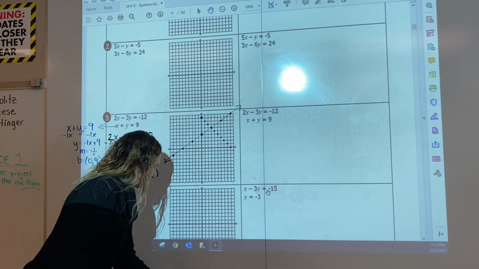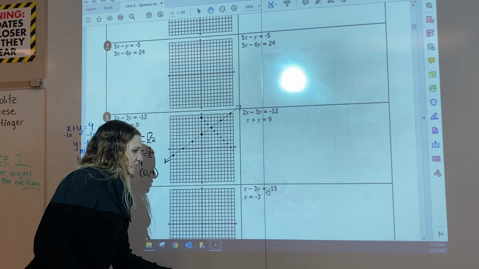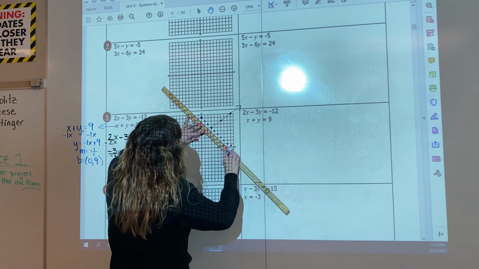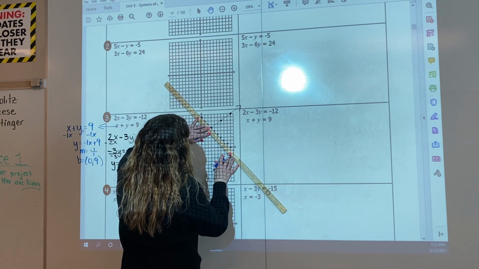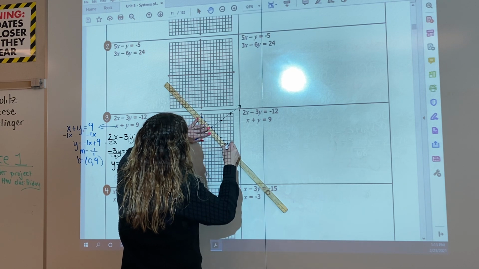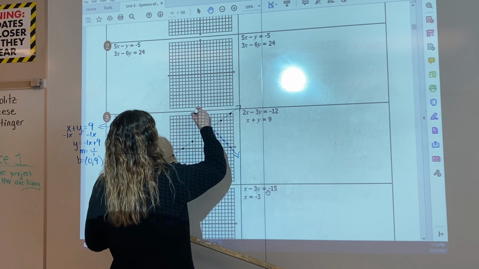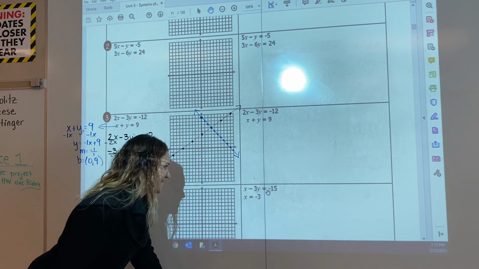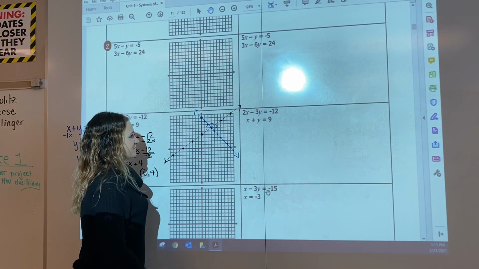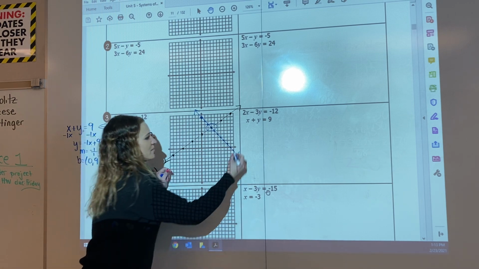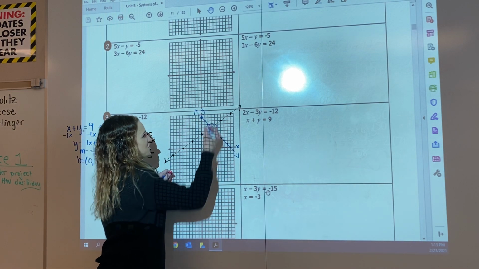Draw my line, and we can find our ordered pair. Alrighty. I can see there's definitely one solution right here. Let's see what that point is. Remember, this is your x-axis, and this is your y.